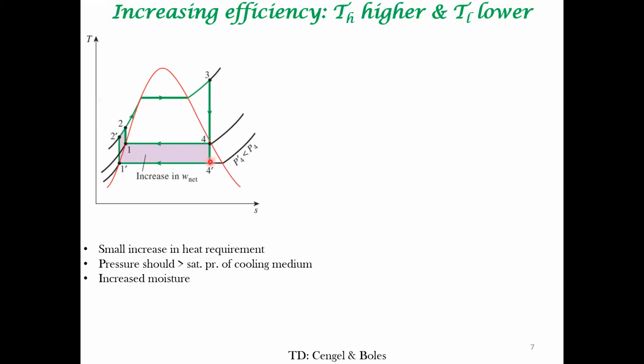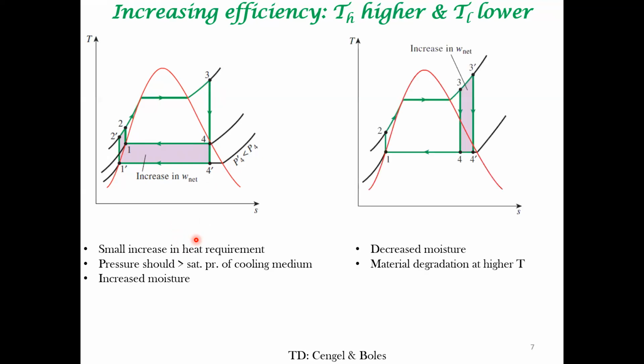If this point 4 is in a turbine, and you have lots of moisture in the turbine, it corrodes the turbine blades and so on, right? So those are the disadvantages of trying to decrease the temperature at which heat is being rejected.